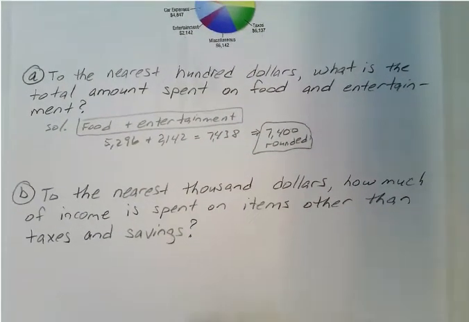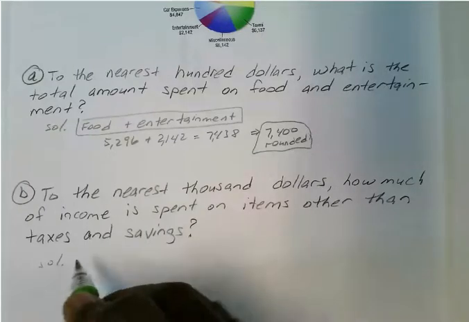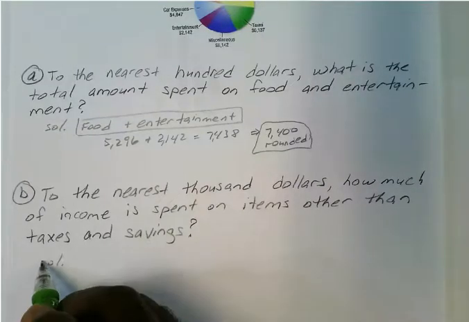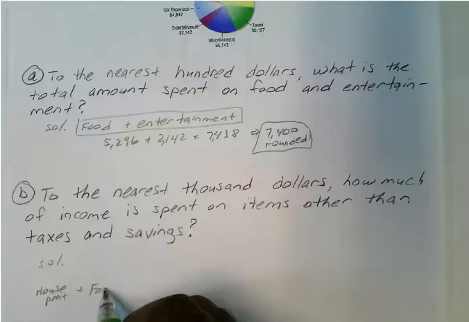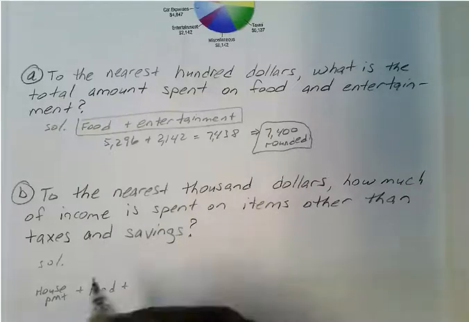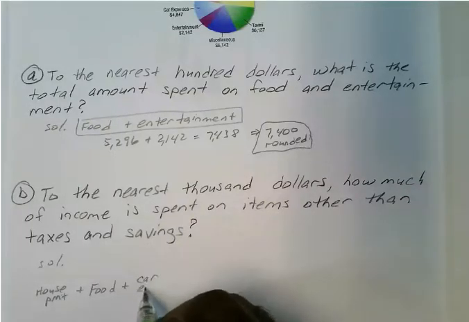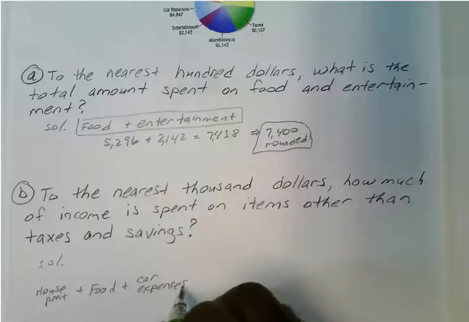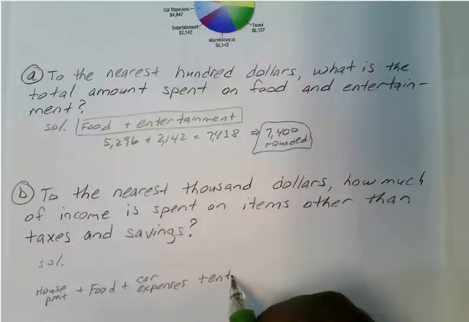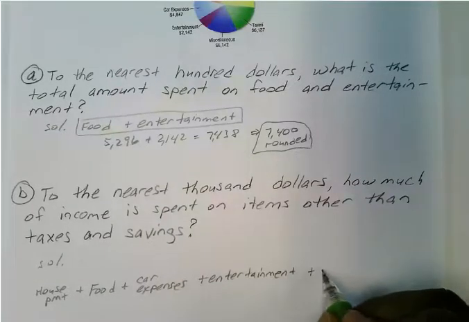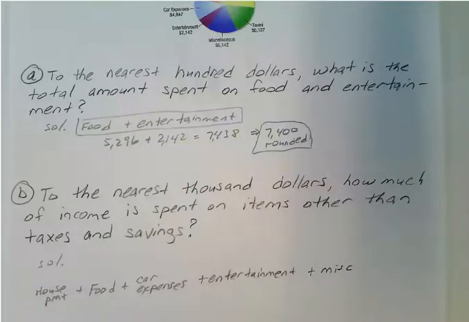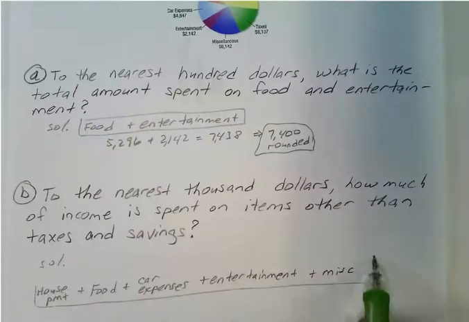Okay, so that means you have your house payment, plus your food, plus your car expenses, plus entertainment, plus your miscellaneous. Okay, so that's everything other than taxes and savings.